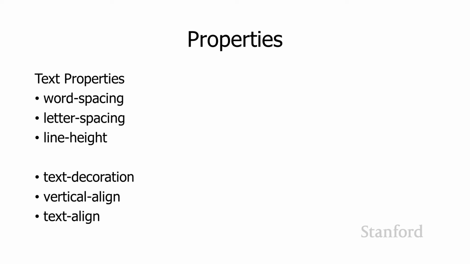You can increase the spacing between the words just slightly. And if that's still not doing it, you can increase the spacing between the letters and get yourself a little bit more space. It's also got text decorations, which allow you to underline, put a line through something, or put a line above something. It controls vertical alignment and text align, which is horizontal alignment.